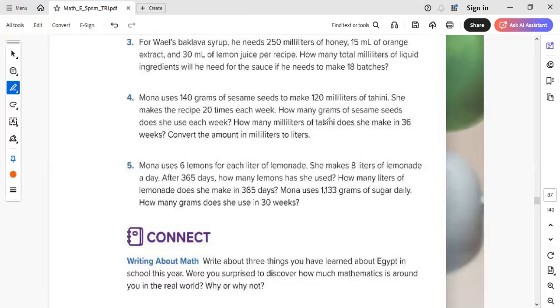To solve this problem, we find what she uses of sesame seeds each week by multiplying 140 grams by 20 because she makes the recipe 20 times each week. So we have to multiply 140 by 20.